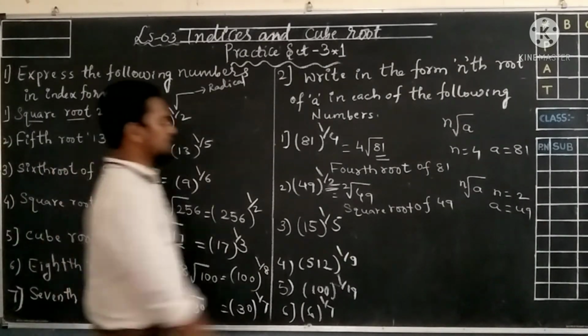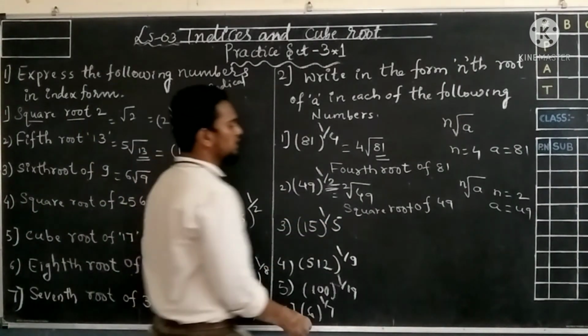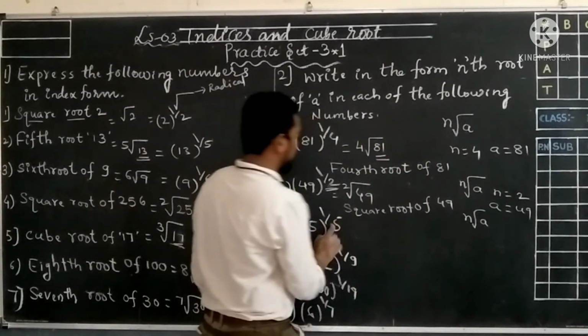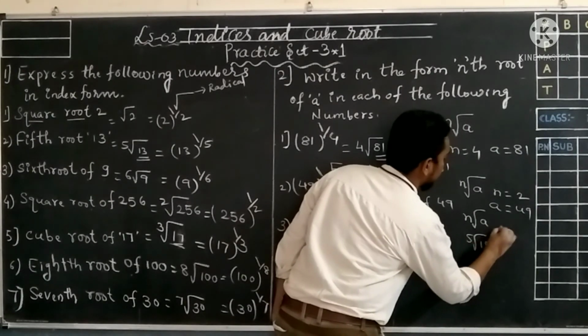Next, here fifth root. This is considered as fifth root. Nth root a means fifth root 15.